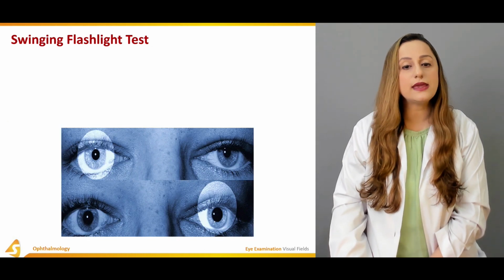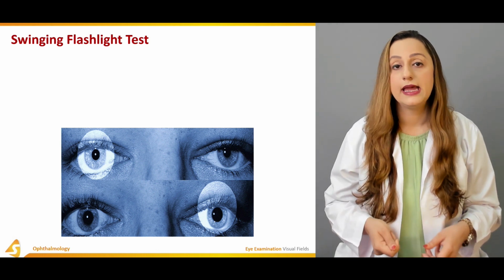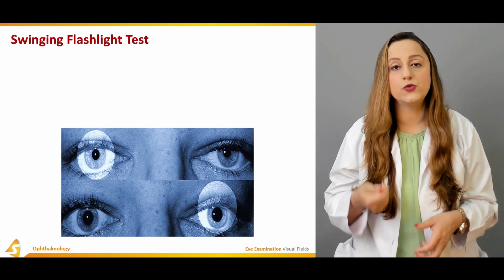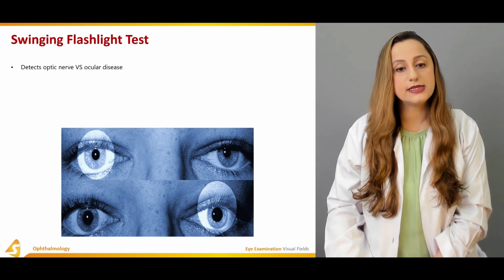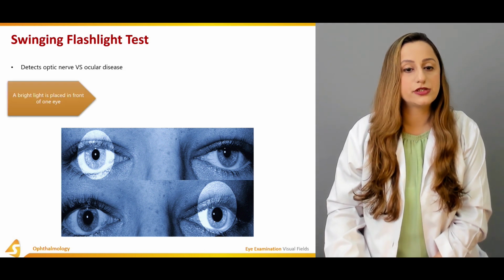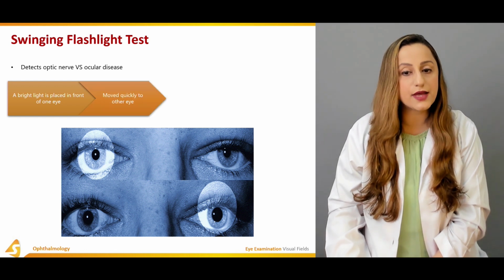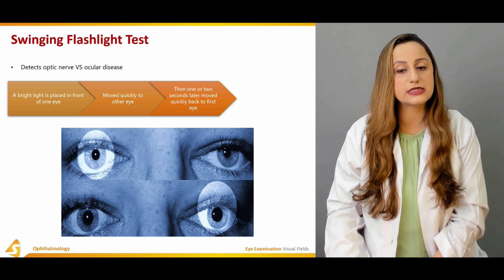Then we have the swinging flashlight test that is performed, in which you throw the light on one of the pupils, and then you swing the torch and move the source of light to the other eye. So it detects optic nerve versus ocular disease. A bright light is placed in front of one eye, it is moved quickly to the other eye, and then 1 or 2 seconds later it is moved back quickly to the first eye.